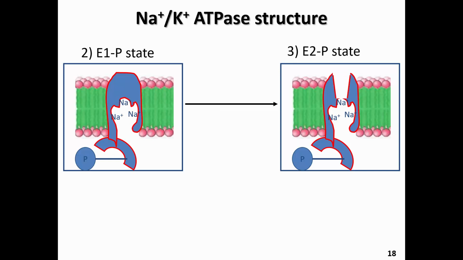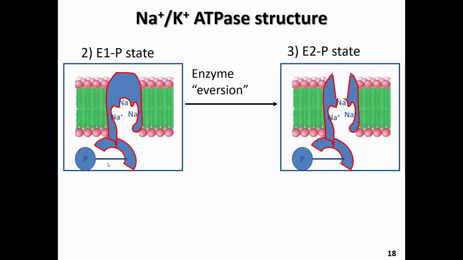And so once again here, we have the E1P state on the left-hand side, which occurs after the hydrolysis of ATP and the phosphorylation of the catalytic domain.